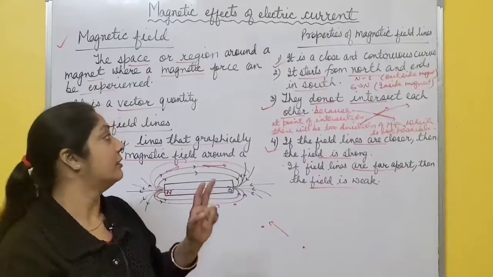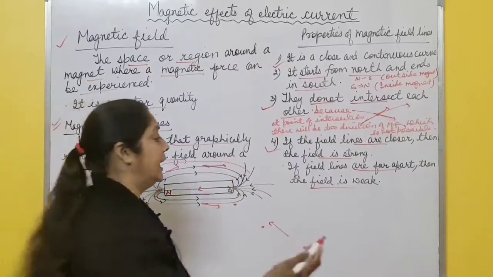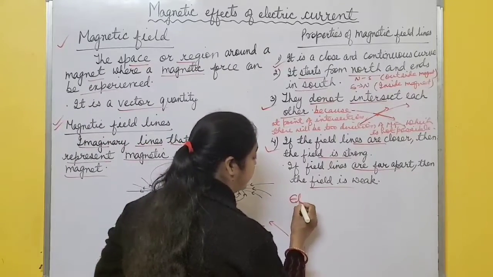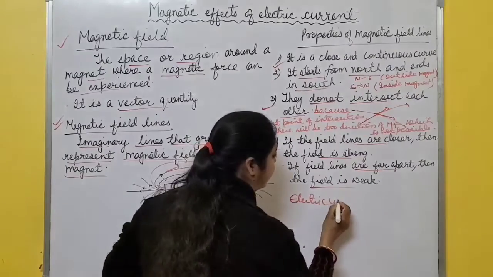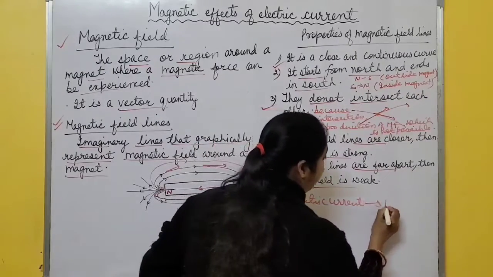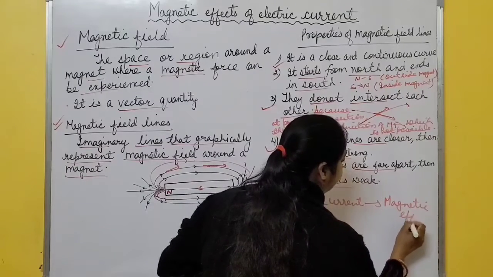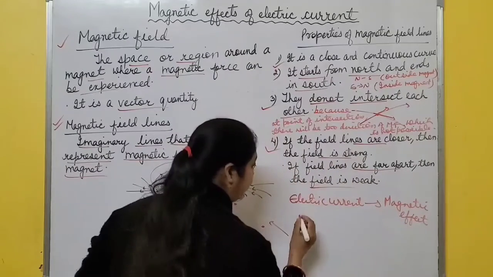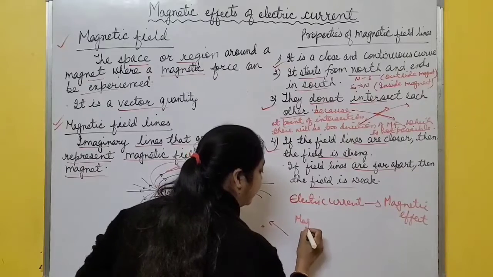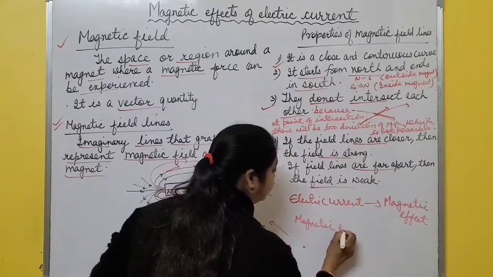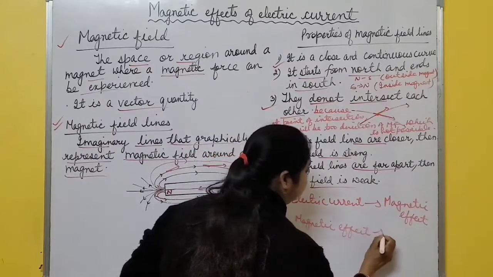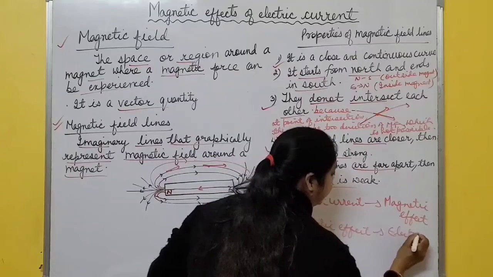There are two parts. In the first part, a magnetic effect is observed with the help of electric current. And in the second half, with the help of magnetic effect, electricity or electric current is produced.